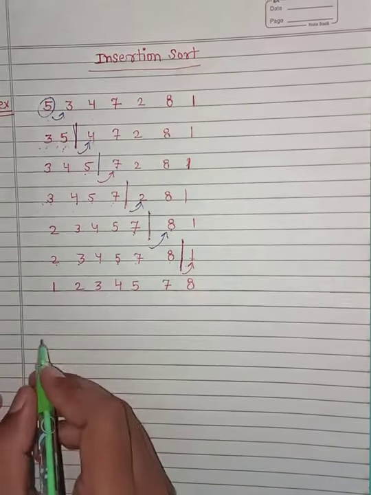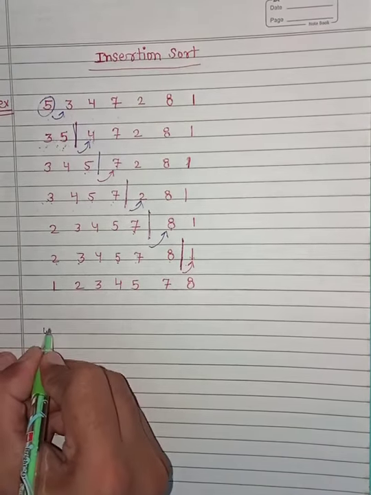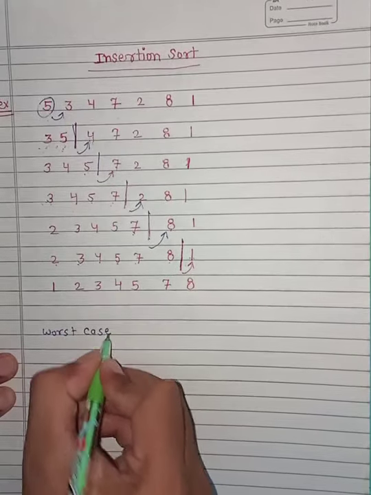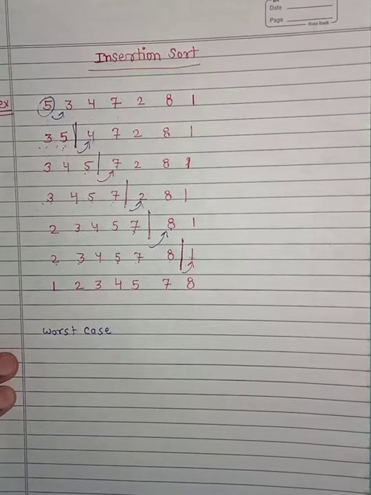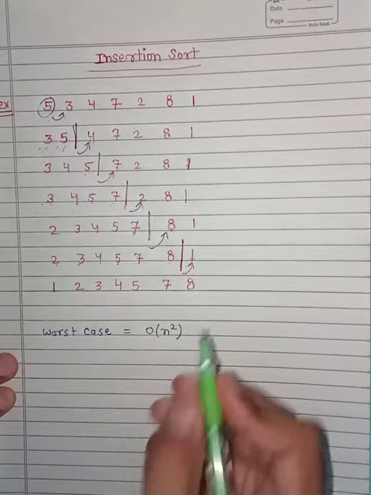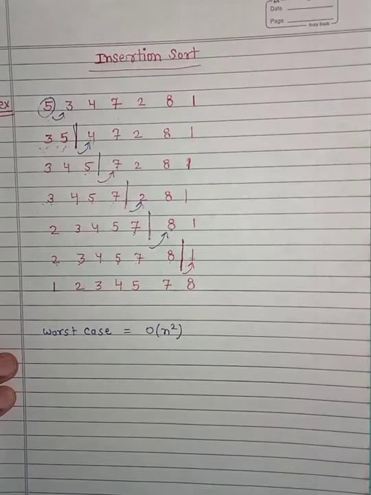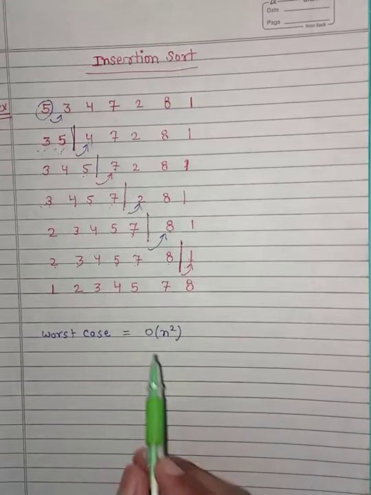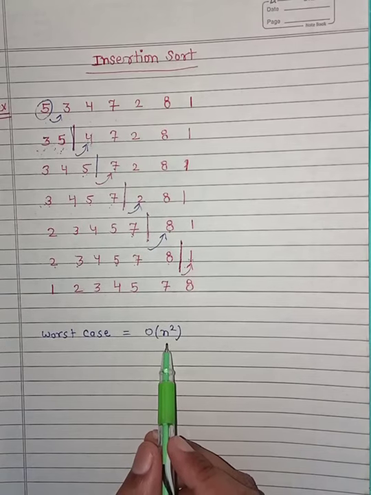In the worst case, the insertion sort algorithm complexity is n square. If the array is already sorted in descending order and we have to sort that in ascending order, in that case it will be the worst case, and the complexity will be n square.